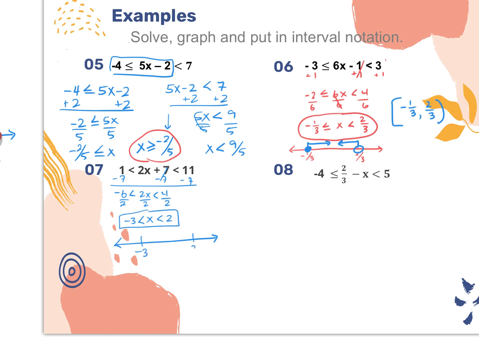In the graph, it's going to be an open circle at negative 3, going to the right, and an open circle at 2 and to the left. And in interval notation, it would be starting at negative 3, going to 2, with parentheses on both ends because they're both non-inclusive.